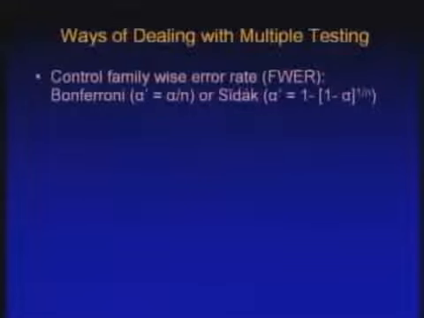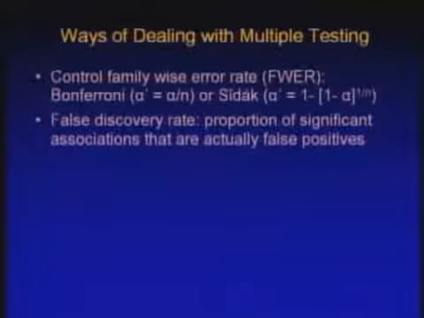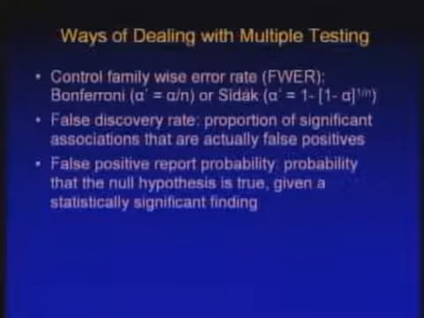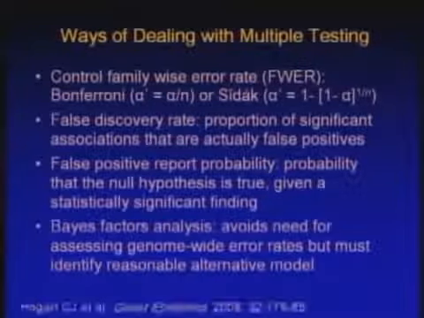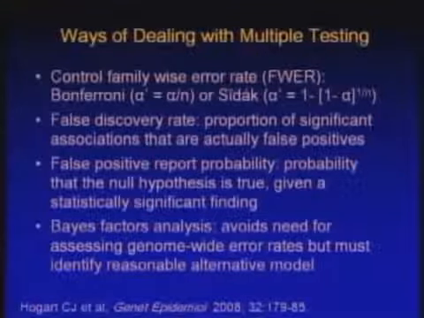The family-wise error rate is the general term that's given to corrections for either Bonferroni, the A prime, or the CDAC, which is a way of correcting for the number of times that you subtract your p-value, your type 1 error, from the universe of possible type 1 errors. I mentioned also the false discovery rate, the proportion of significant associations that are actually false positives, and the false positive report probability of Wacholder et al., which sounds very much like the false discovery rate, but is a little bit different. There's also a Bayes factor analysis.